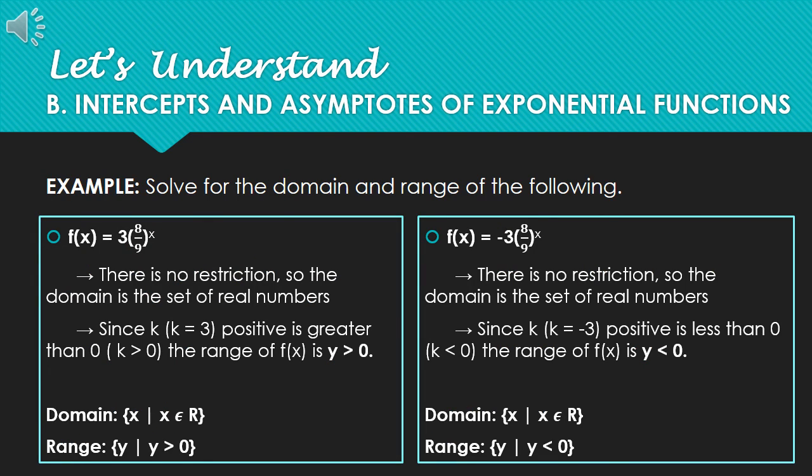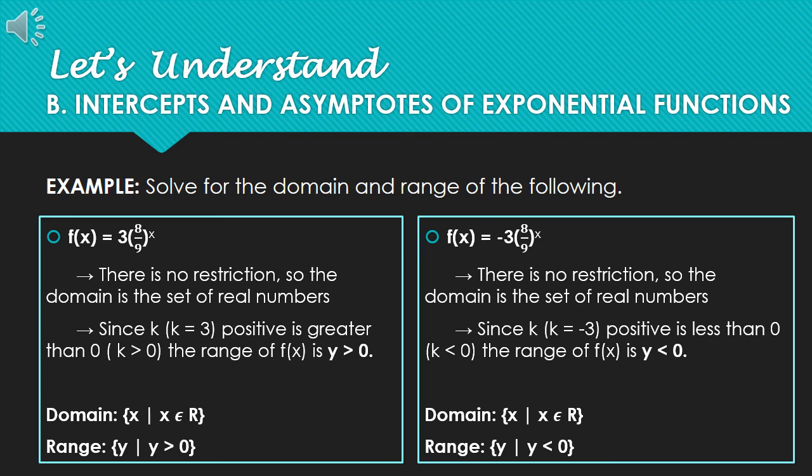So for example, solve for the domain and range of the following. So for f of x equals 3 times 8 over 9 raised to x. In finding the domain, since there is no restriction, the domain is always the set of real numbers.